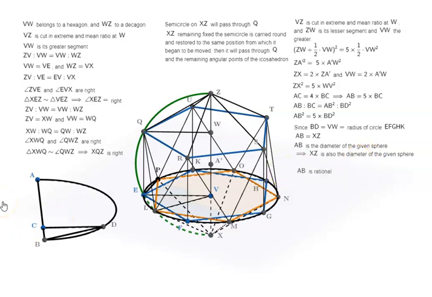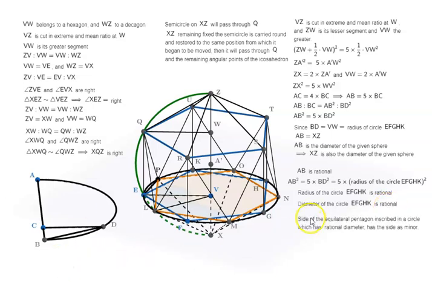Now, AB is rational, and we know AB square is equal to 5 times BD square, which is equal to 5 times the radius of the circle EFGHK square. So the radius of the circle EFGHK is rational, which means the diameter of the circle EFGHK is rational.